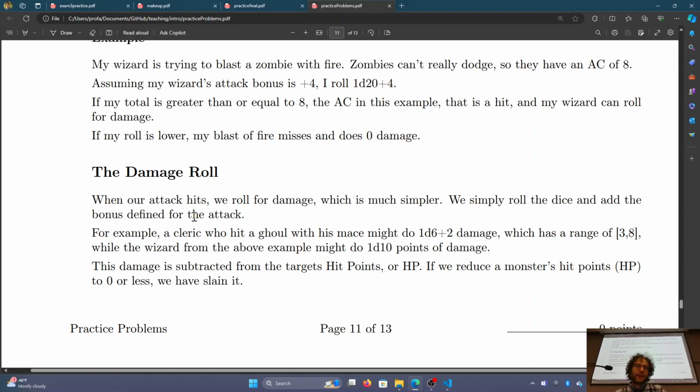For example, a cleric who hits a ghoul with his mace might do 1d6 plus 2 damage, which has a range of 3 to 8. While the wizard from the above example, if they're playing 5th edition, that's probably 1d10 damage. Damage is subtracted from the target's hit points, or HP. If we reduce a target's HP to 0 or less, we have slain it.